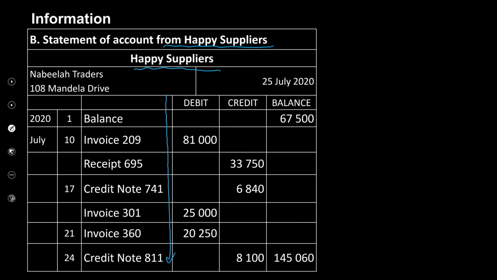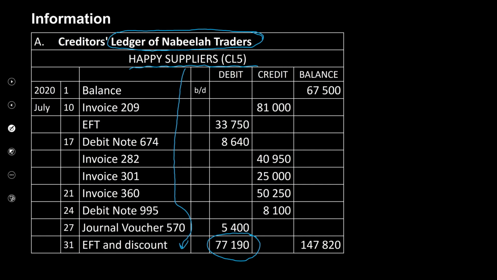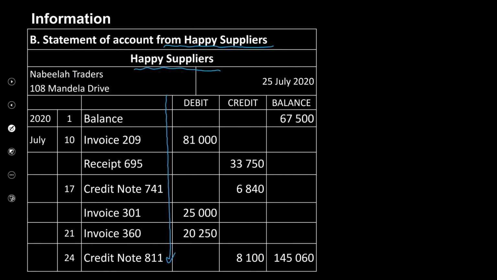Okay, now, before we continue, let's just illustrate one or two concepts from these two, that means the statement and the ledger account, so that we have clarity. At the beginning of the month, according to our records, there's our ledger, we're owing them 67,500, and yes, according to their records, we're also owing 67,500.